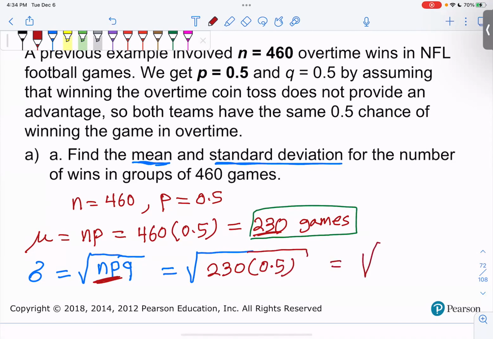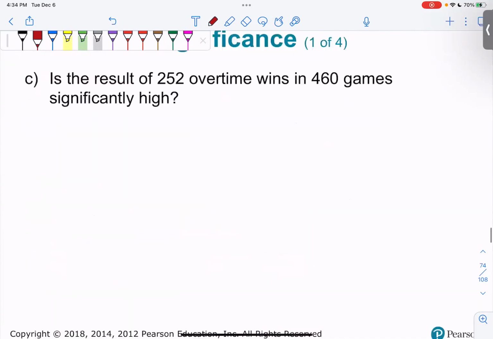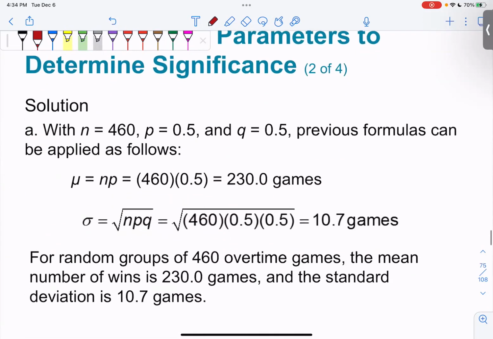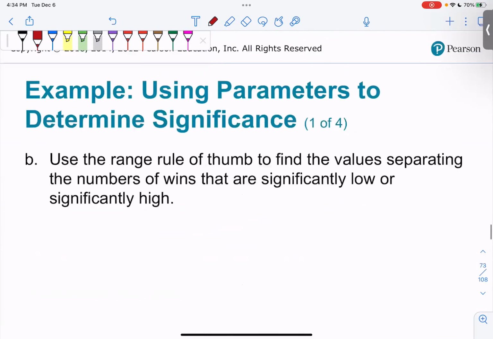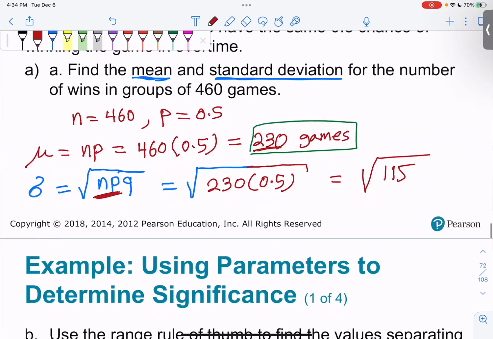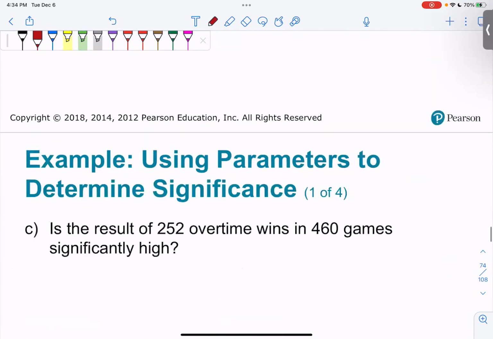So this will be the square root of 115, right? So the value of the standard deviation equals 10.7.